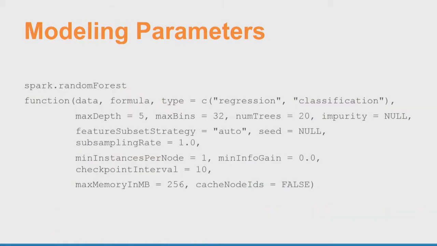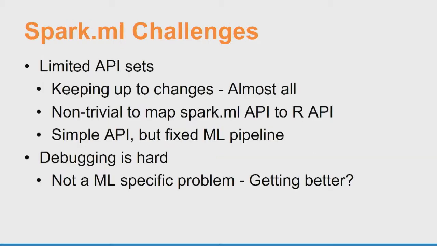I just want to also give you a taste of what the parameters are here. When you look at Spark random forest, you can have the previous example I have, which is specifying a few simple parameters. Or you can leverage all these different optional parameters you can specify with Spark, like feature subsetting strategy, checkpointing and things like that. You can specify them using the same API, and they're all optional.